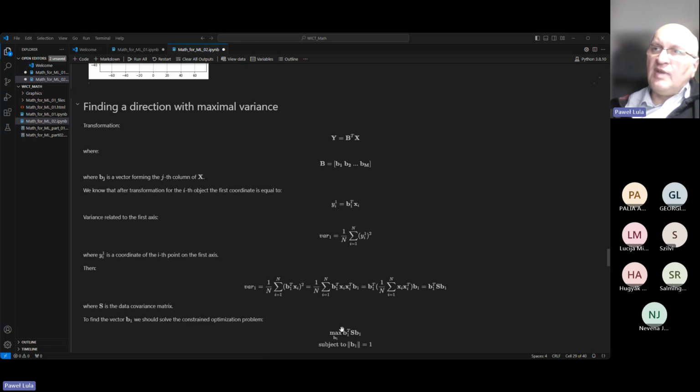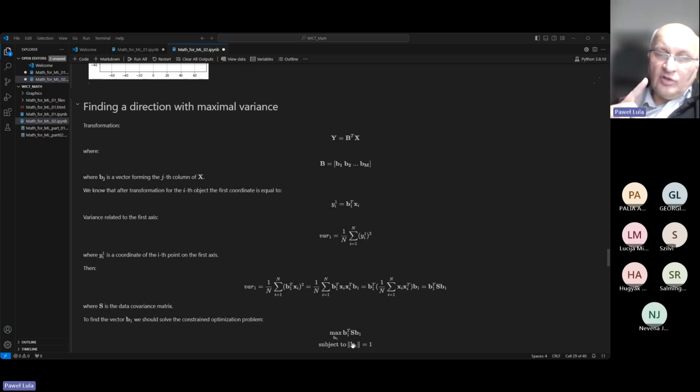We want to maximize this value, but also we should remember that the length of this B should be equal to 1. B is a column of this B matrix, B1. You remember, we talked about orthonormality.